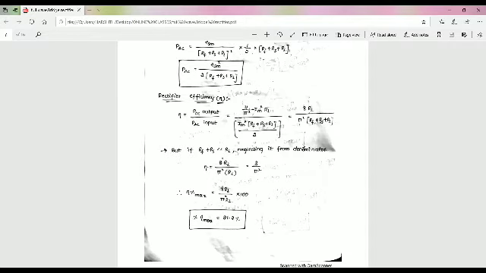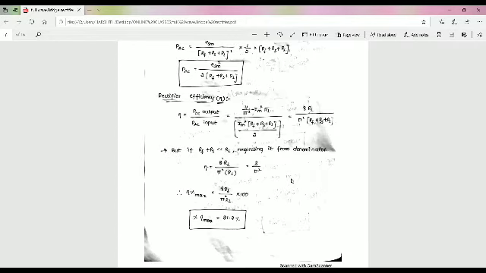Okay. So, but RF plus RS is low compared to RL, the load resistance. So, we can neglect it in the denominator. So, eta equal to 8 RL by pi square RL, that is equal to 8 by pi square.